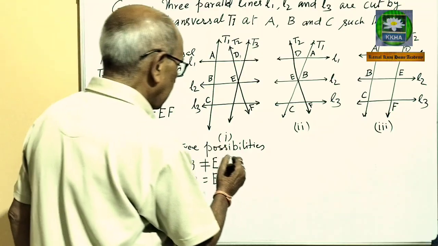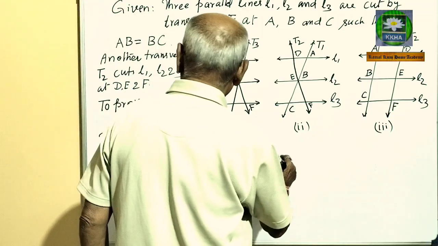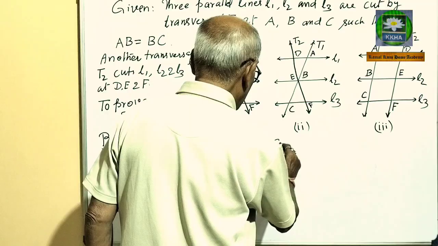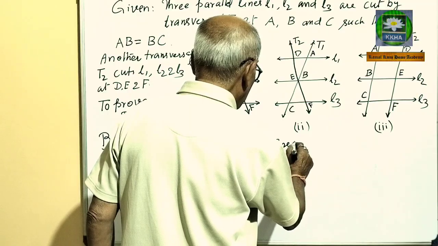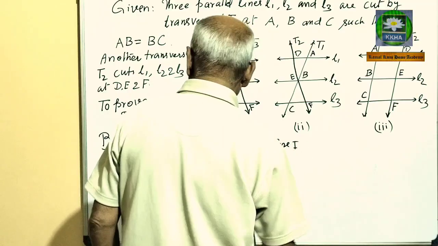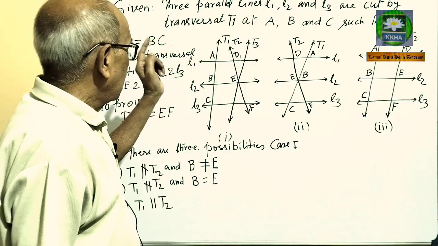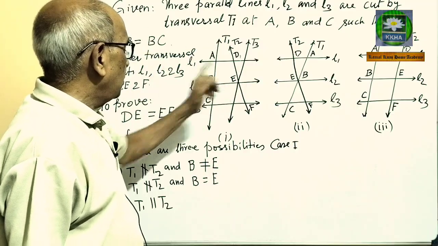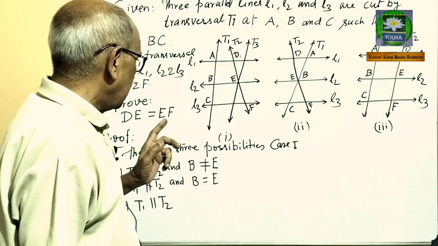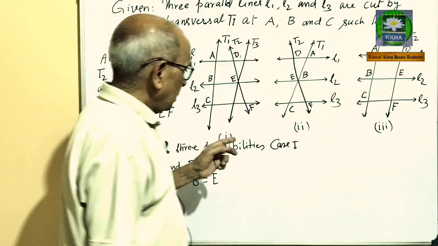Here, case 1. T1 is not parallel to T2 and B is not equal to E. B and E are different points.